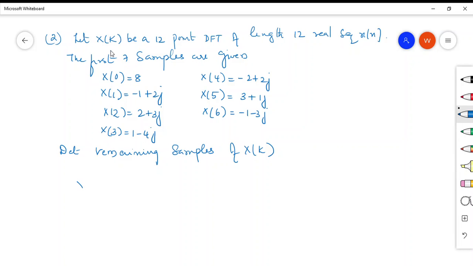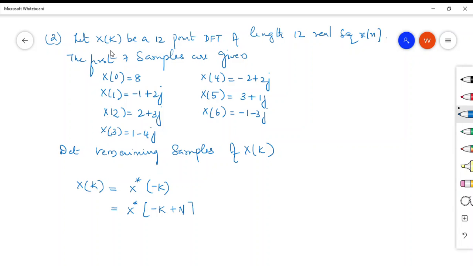So you have a complex conjugate property which says X[k] is equal to X conjugate of [-k]. So you can write X conjugate of [-k] is equal to X conjugate of [-k + N].